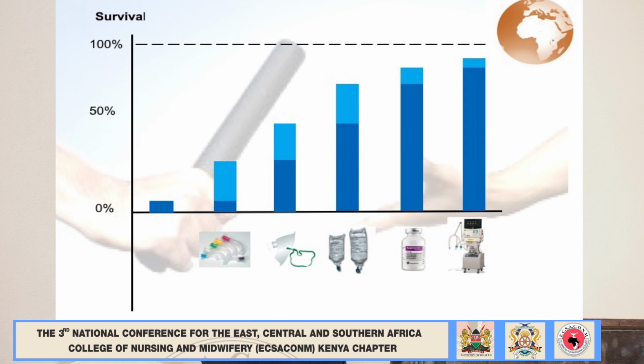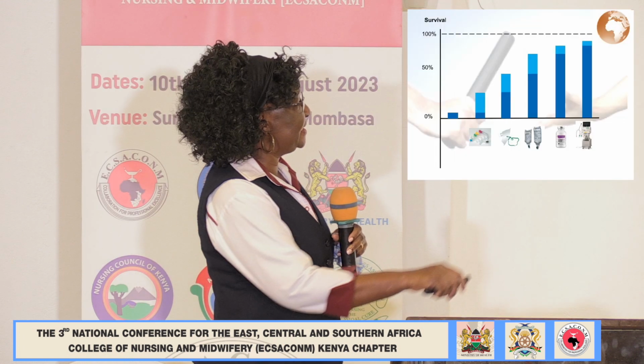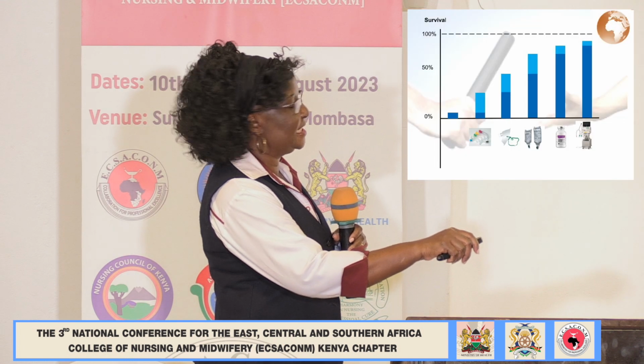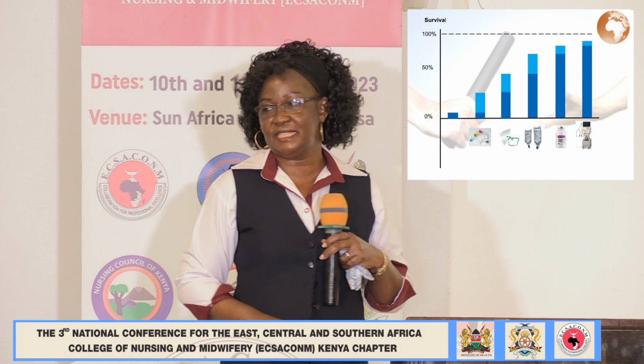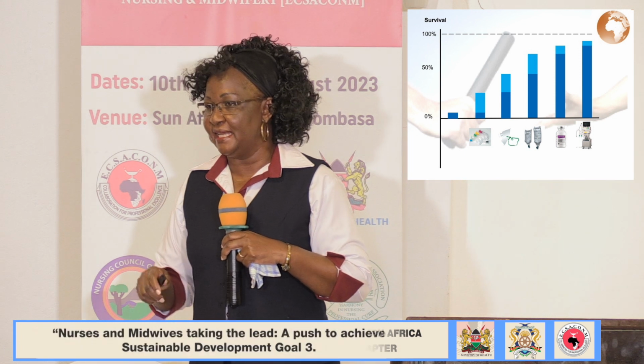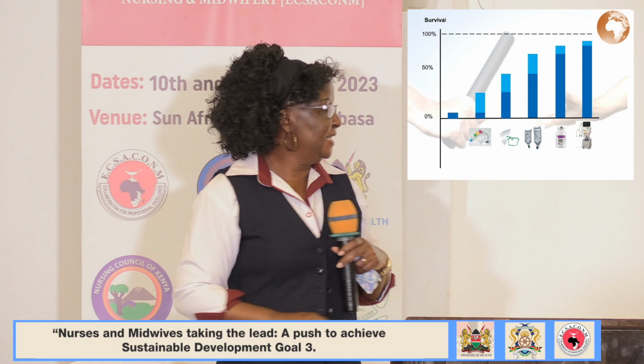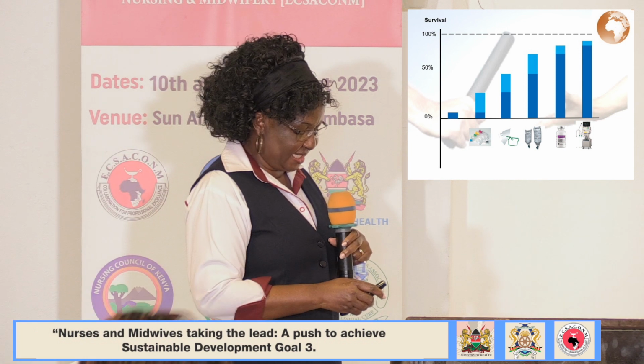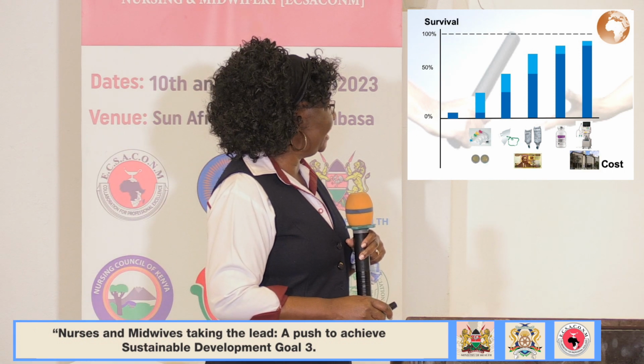See the increase that you're likely to have in terms of survival. The last one is an ICU: if you took that patient to ICU, see the little percentage increase you'd have. Therefore, GRASPIT is here to show us that the little things that we do help to save more lives than we actually know.